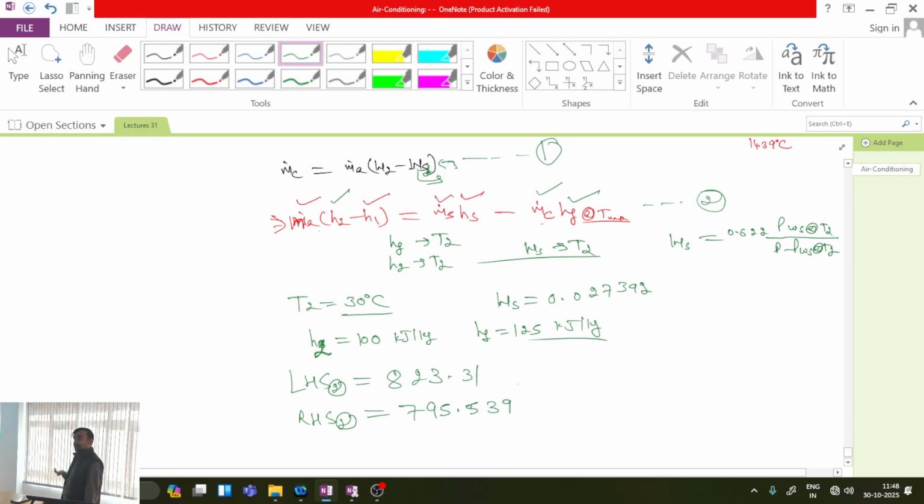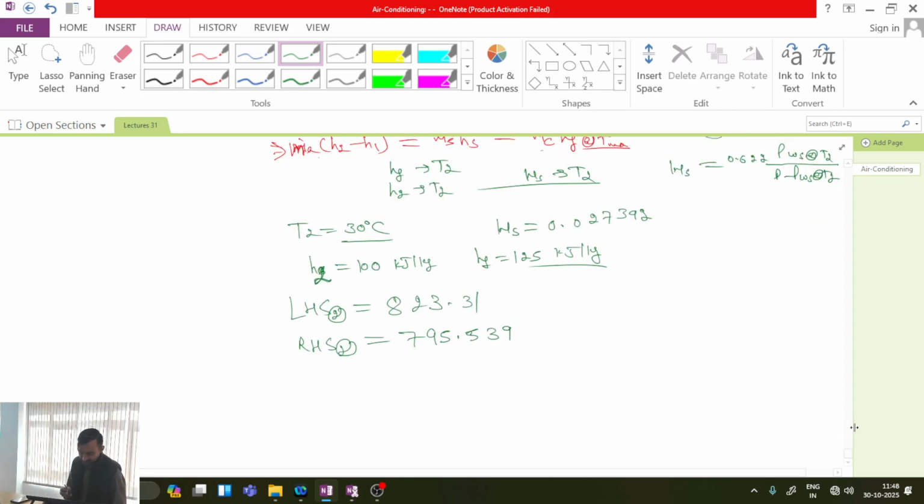So LHS is not equal to RHS. It means our assumed value of T is not correct. What do I need to do then? Second trial, decrease because RHS is more. So what I have assumed T2 is 29 degrees Celsius.